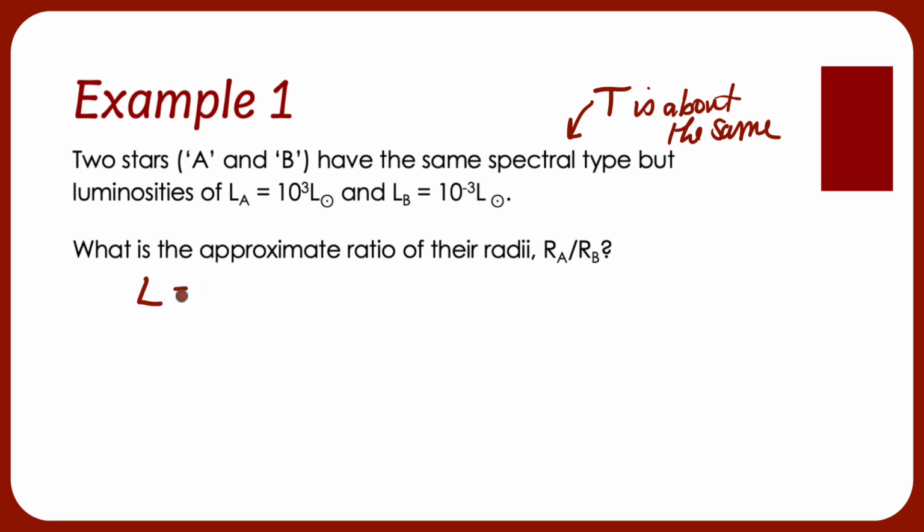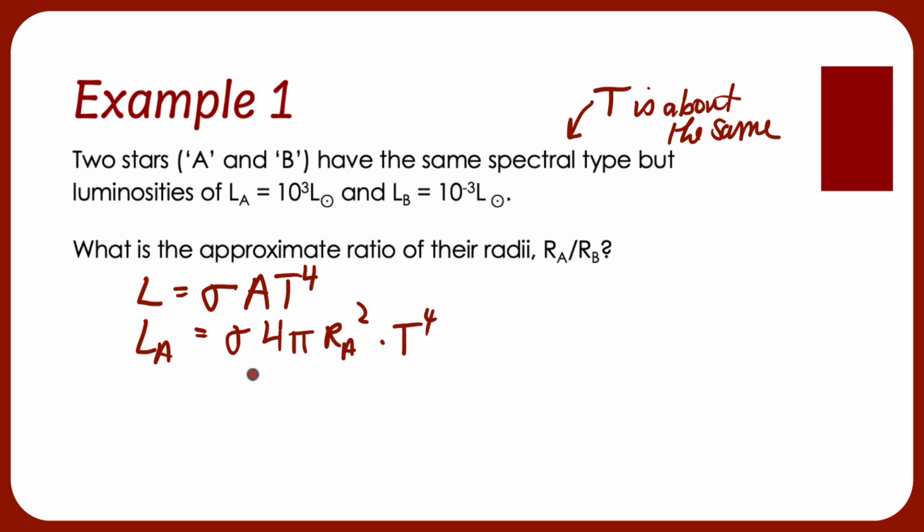My luminosity is going to be sigma, the Stefan-Boltzmann constant from that equation I said earlier, times the surface area, times the temperature to the power 4. If I want to make that specific to star A, I'm going to say L_A is going to be sigma times 4 pi times the radius of A squared, because that's how we calculate the surface area, times the temperature to the power 4.